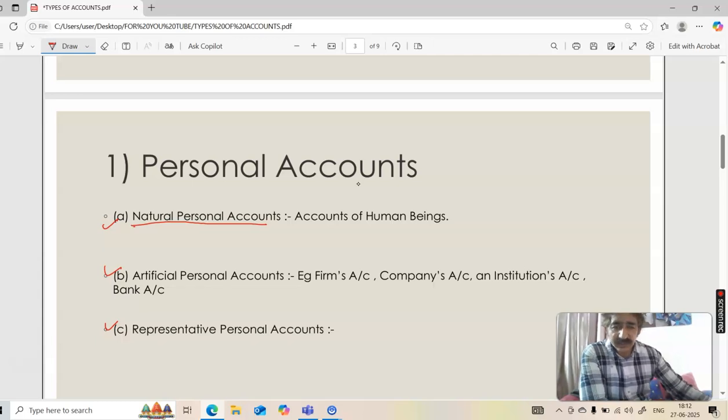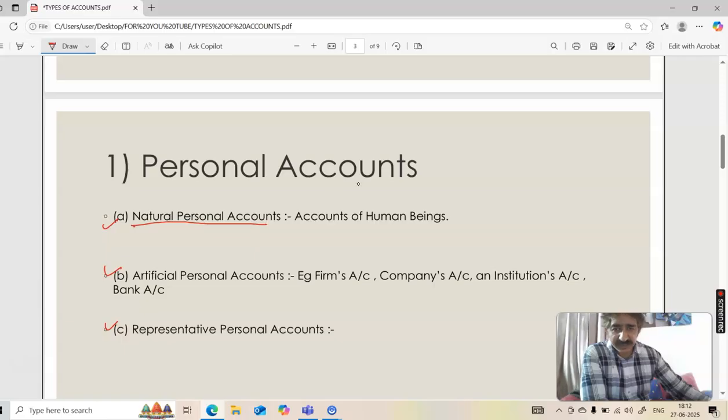Like you students must be depositing the fees in the school. So in the school office, an account is maintained by your name. From that, they track whose fees is due, whose fees has not been paid, and whose fees has been paid.